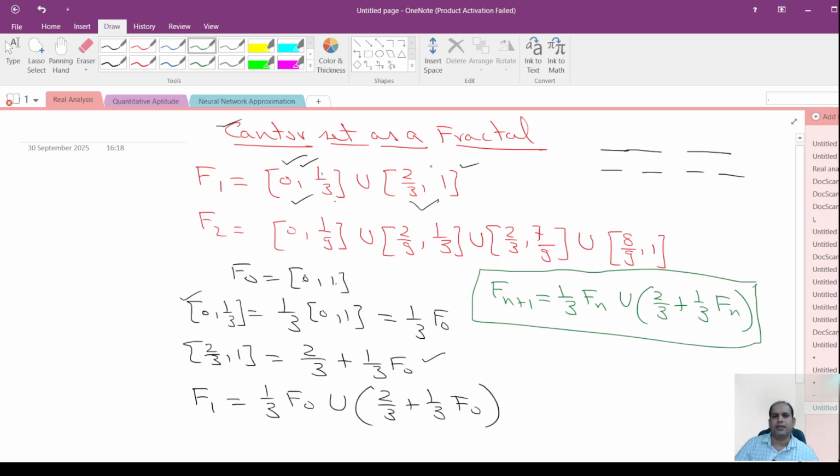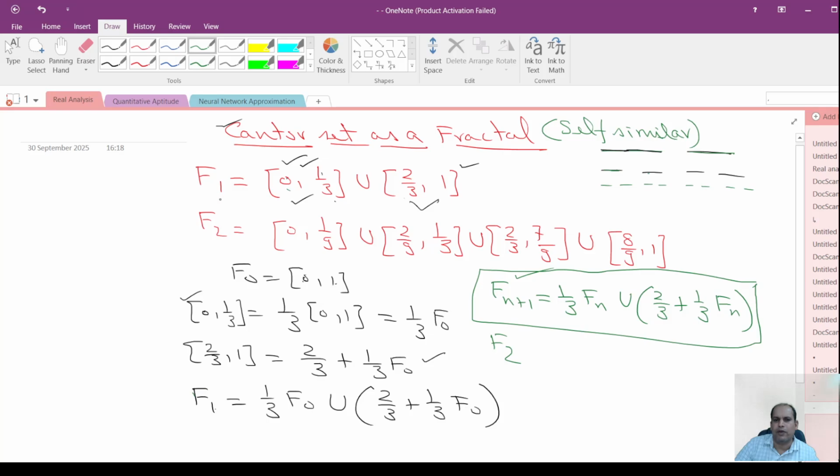So why is the Cantor set an example of a fractal? Because it is self similar to the whole copy. This piece is a copy of this one, these two pieces are copies of this one, and so on. See the next one, F2, because F1 involves two such intervals.